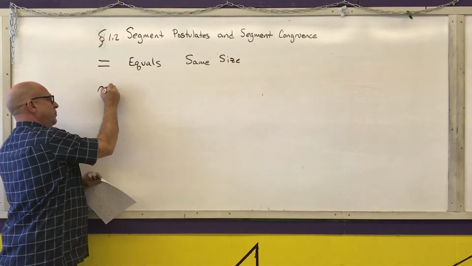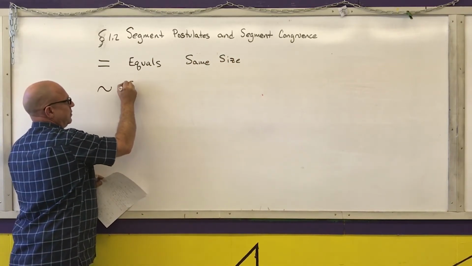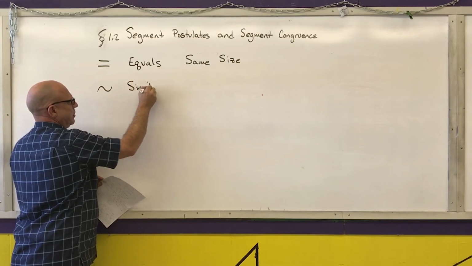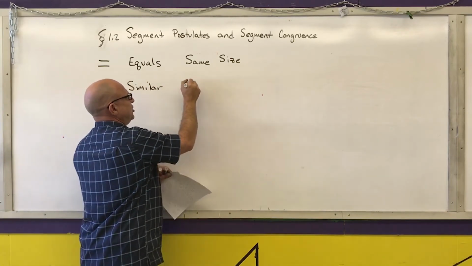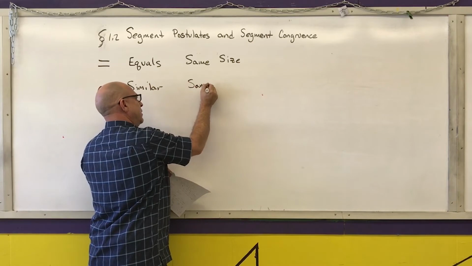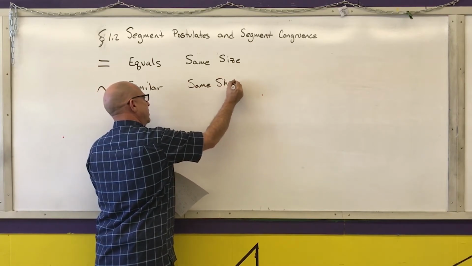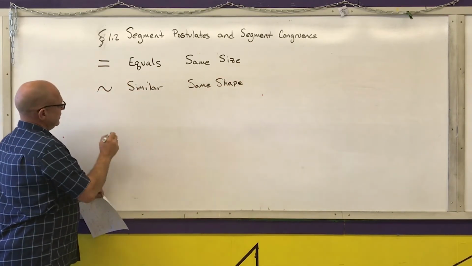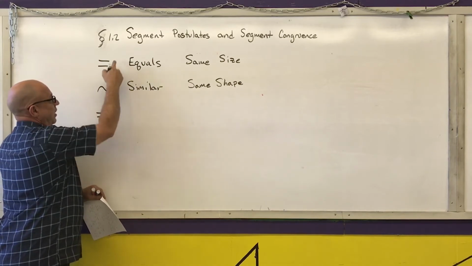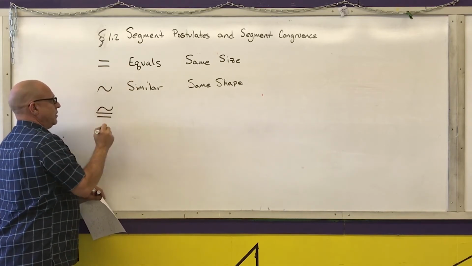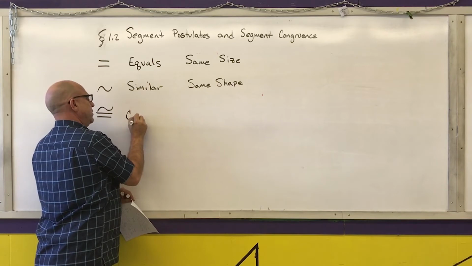This mathematical symbol, the little tilde symbol, mathematically means similar, and it means the same shape. This mathematical symbol, the equal sign with the tilde above it, we read as congruent.